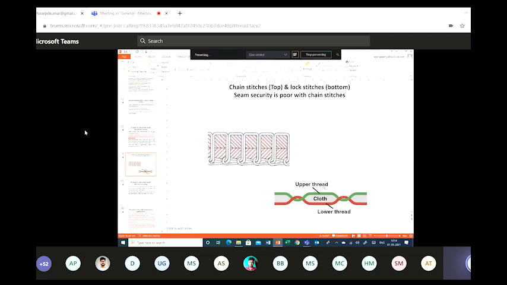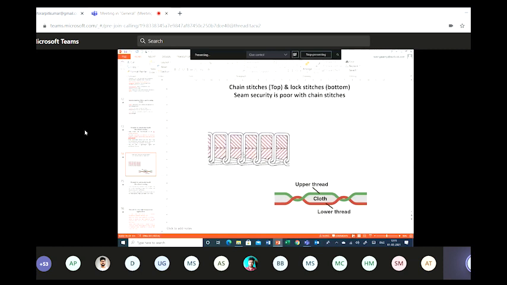So the lock stitch is more secure. That means seam security is higher. Whereas in the case of chain stitch, seam security is not good. Especially with chain stitch and a very smooth thread, if there is any cut, the entire stitch can come out easily. So this is called seam security.